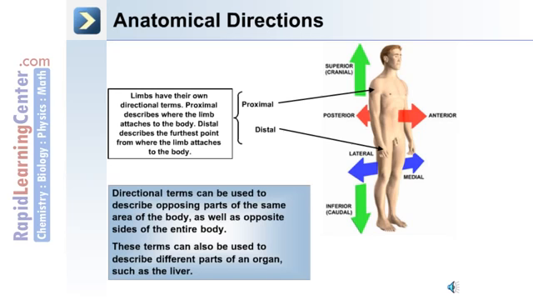For limbs, the proximal describes the limb attachment point to the body, for example, for the upper arm, the shoulder region. Distal describes the point furthest away from that attachment. Directional terms can be used to describe opposing parts of the same area of the body as well as opposite sides of the entire body. These terms can be used to describe different parts of an organ, such as the liver.